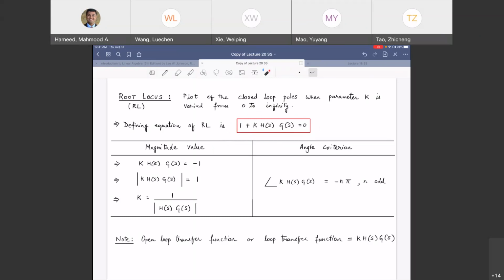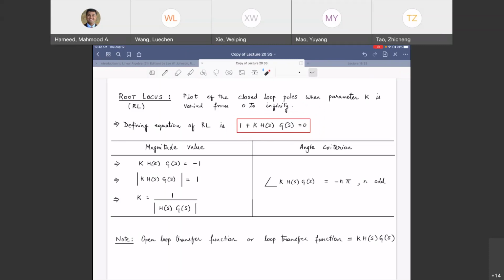That characteristic equation is coming off of the closed loop transfer function, which is the actual system, but it has the loop transfer function embedded in it. Now, when you look at this particular statement here, 1 plus k h of s g of s equals 0, you can write two statements based off of that, one based on the magnitude and the other based on the angle criteria.